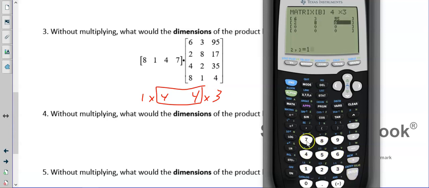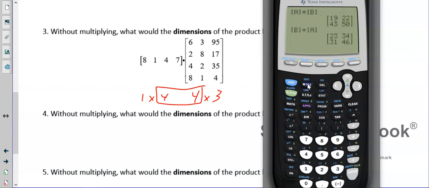Just double check your numbers as you're entering them. 4, 2, 35. And 8, 1, 4. Double check real quick. 8, 1, 4, 4, 2, 35, 2, 8, 17, and 6, 3, 95. Okay. So we have them both.